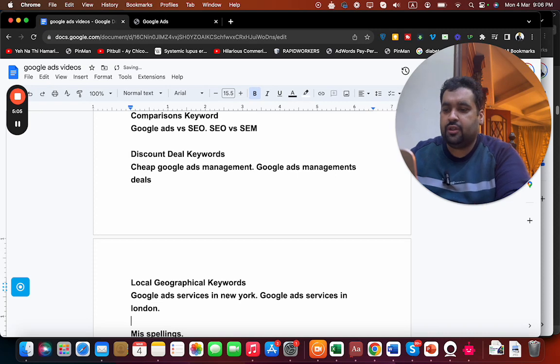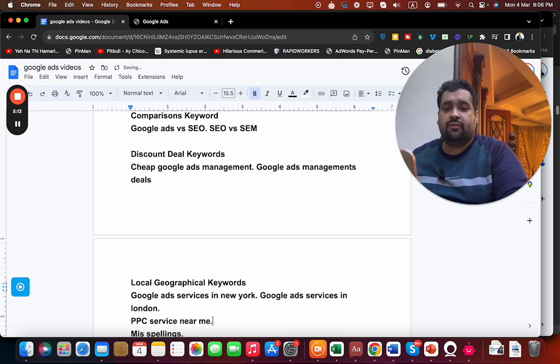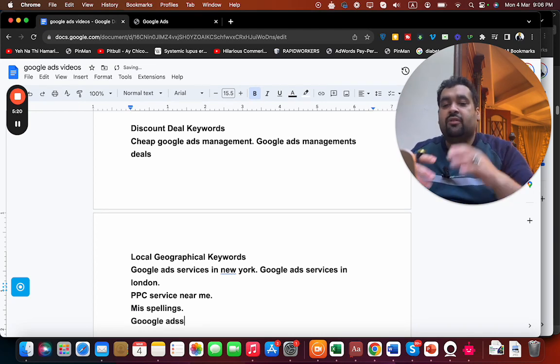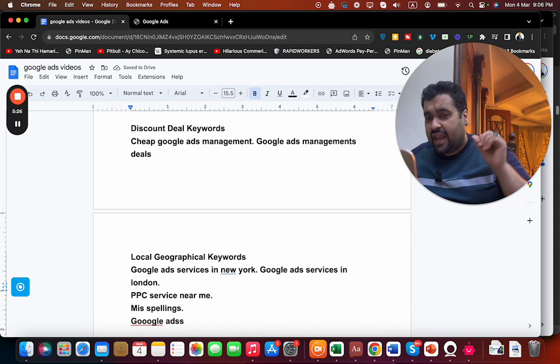You can also have near me keywords like PPC service near me. This can also be a targeted keyword, and it can generate good sales, especially with local search campaigns. And misspellings could be like Google ads misspelled. Keywords like these can also be good, but so far I have seen that they are not actually very good.